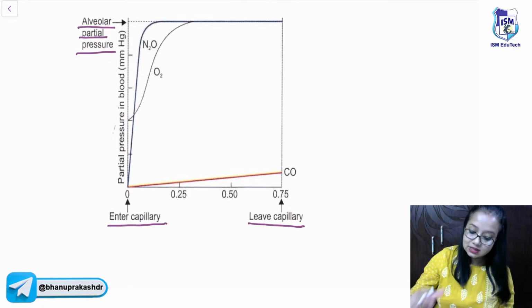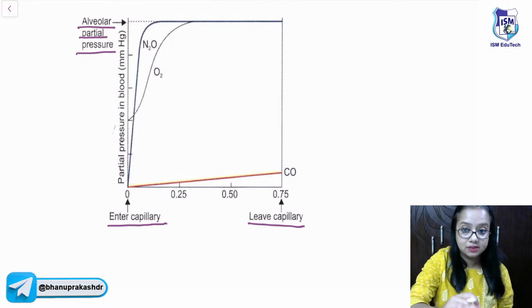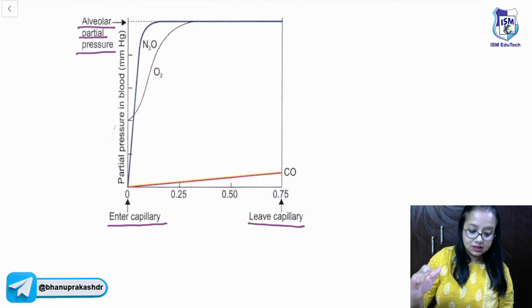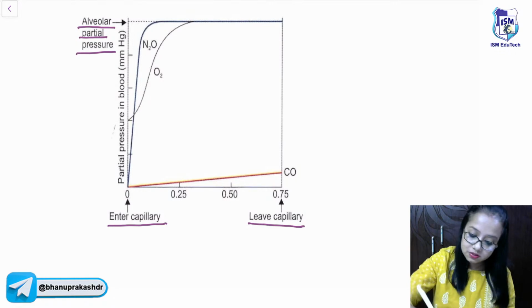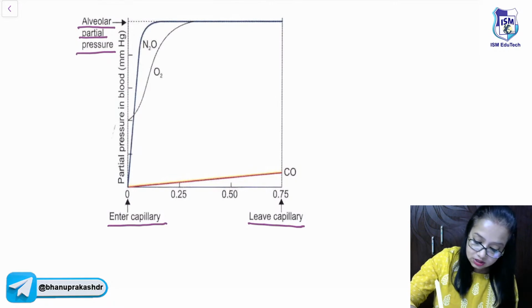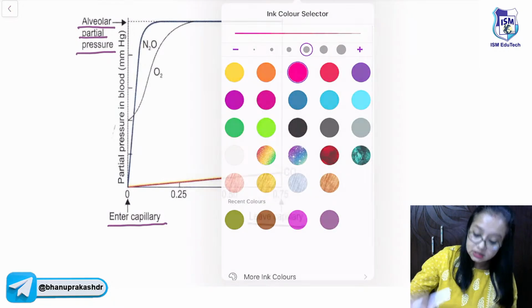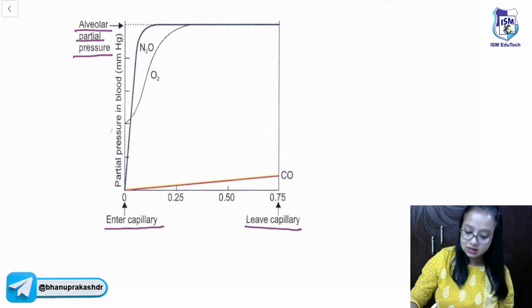Now, not all of the gases present in the air are dependent on diffusion. Some gases are controlled by perfusion. What do we mean by that? This is a very crucial concept which needs to be clearly understood.